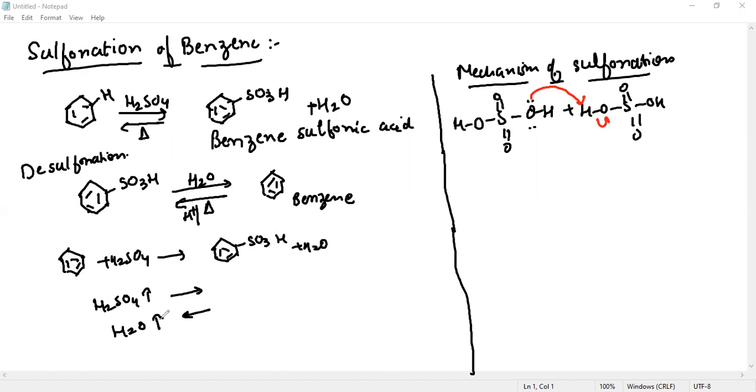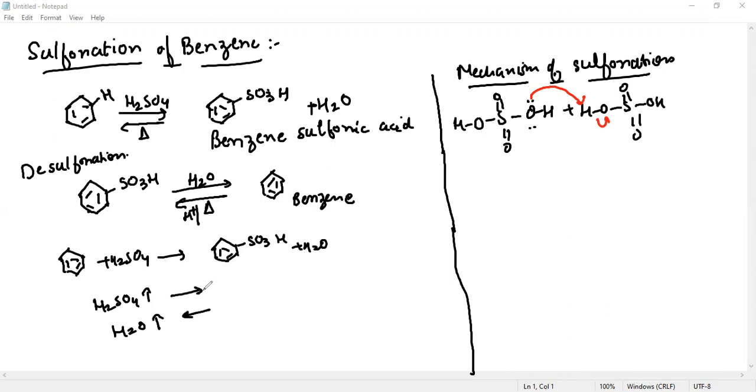Okay, so if you increase the concentration of H2SO4, according to Le Chatelier's principle, your equilibrium will adjust in such a way so that it will want to neglect the effect of change that you are doing on the reaction. So when you're increasing this, it will go more and more forward so that it can compensate for the increase of this. So more and more of product will be formed, so the reaction will proceed forward.